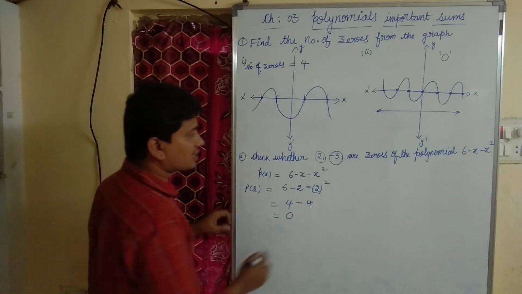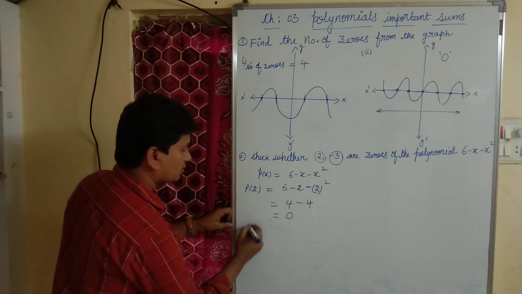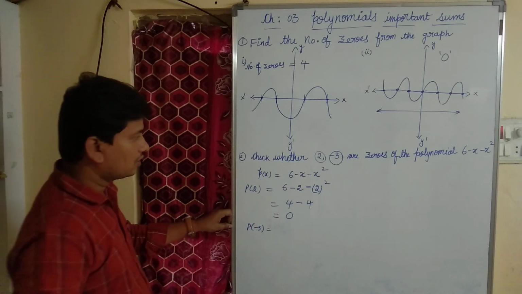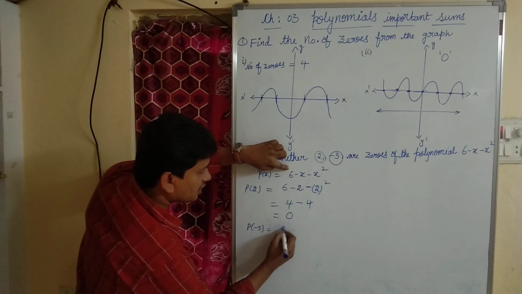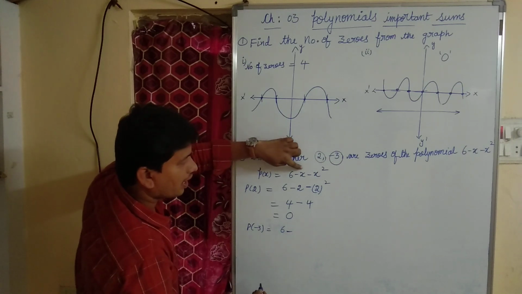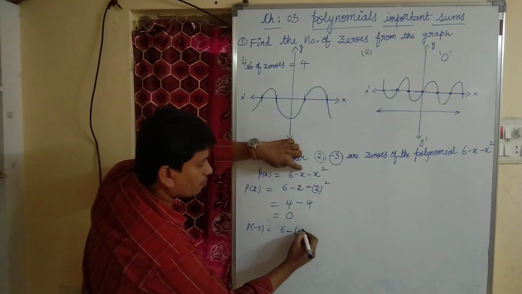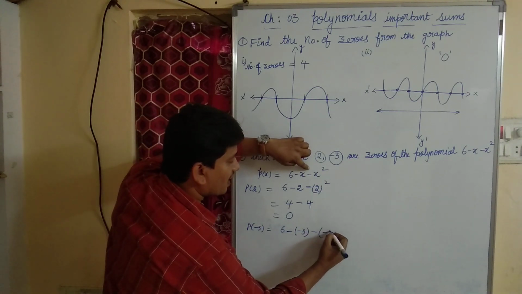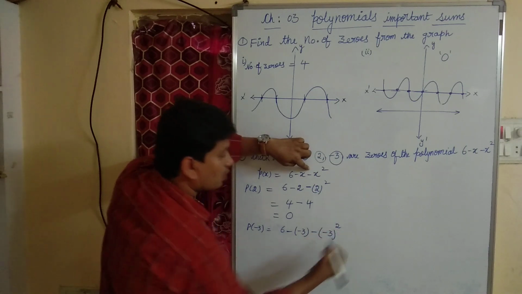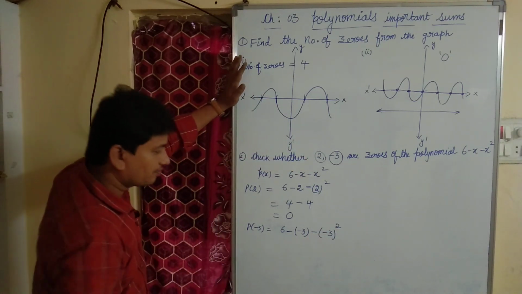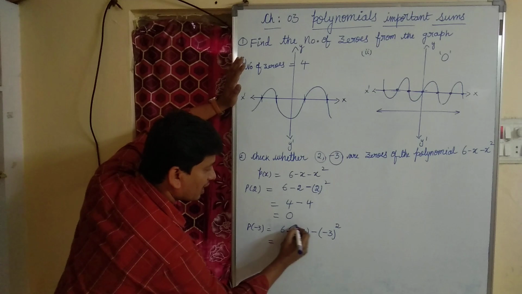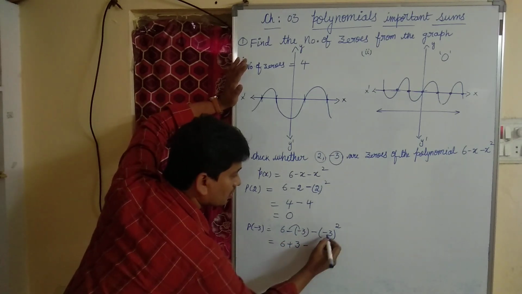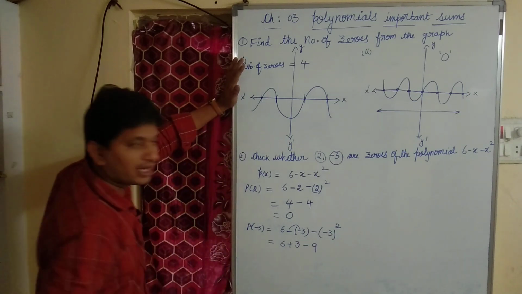Now coming to the second case, we have minus 3. I mean p of minus 3 is equal to 6 minus, as the x value is minus 3, minus 3 minus, the x value minus 3, I mean minus 3 whole square, right? So 6, minus into minus is plus, minus 3 whole square is nothing but 9.